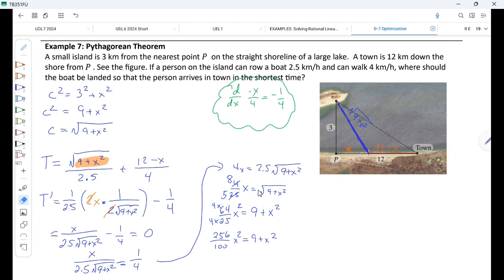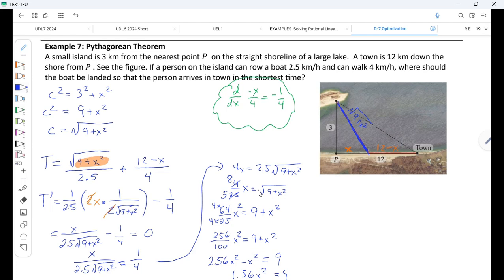So we're going to have negative coefficient times x squared equals 9, which, oh, no, we're not. Nope, we're going to have 1.56x squared equals 9, aren't we? Yep, 2.56x squared minus x squared equals 9, just so I'm not doing stuff in my head on you guys. 1.56x squared equals 9.